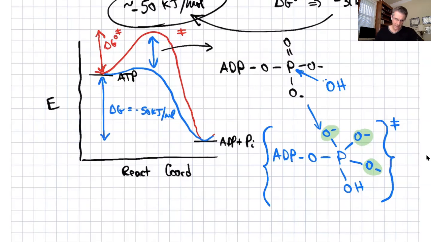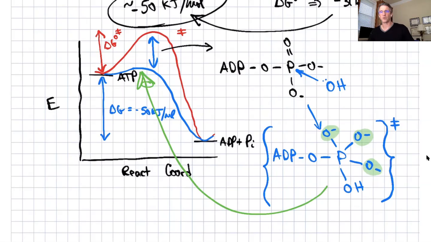And what an enzyme's got to do is figure out a way to make that transition state much more favorable by dropping the unfavorability of that transition state. And that's what all these enzymes that are going to use ATP are going to do. There are lots of ways they do it.